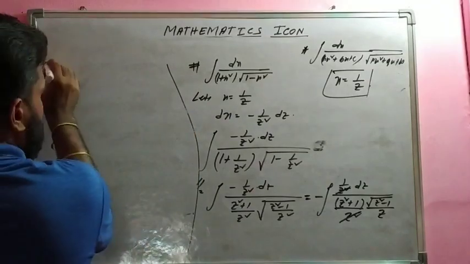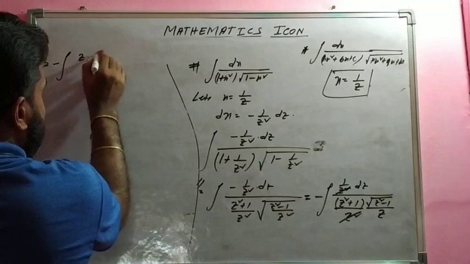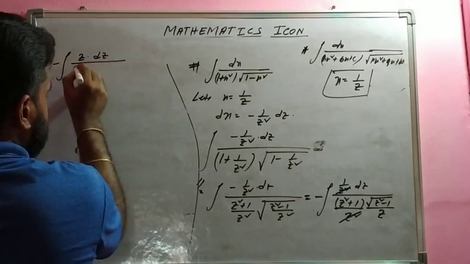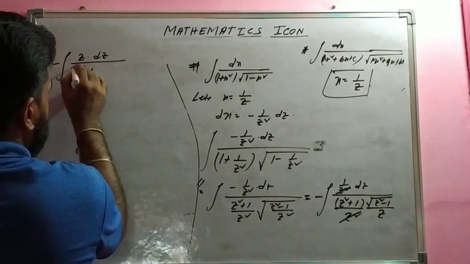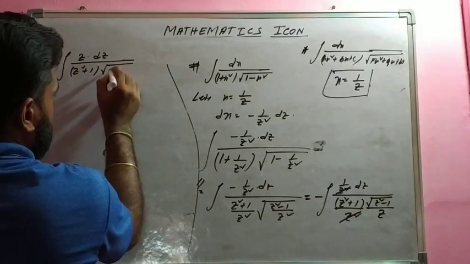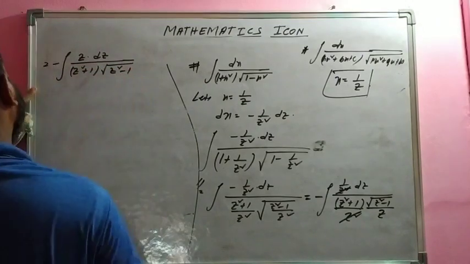Okay, so minus I think z dz by z square plus 1 and then root z square minus 1.